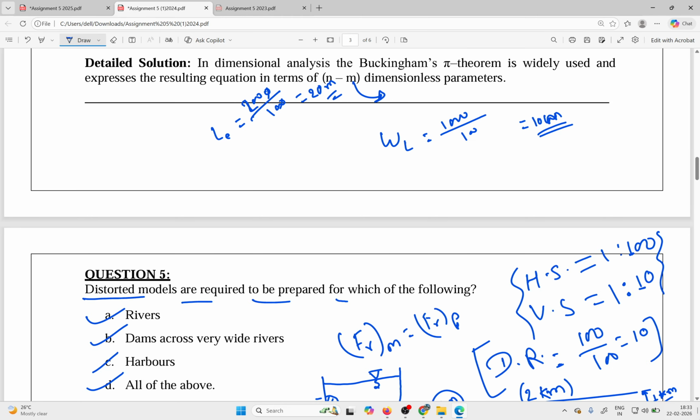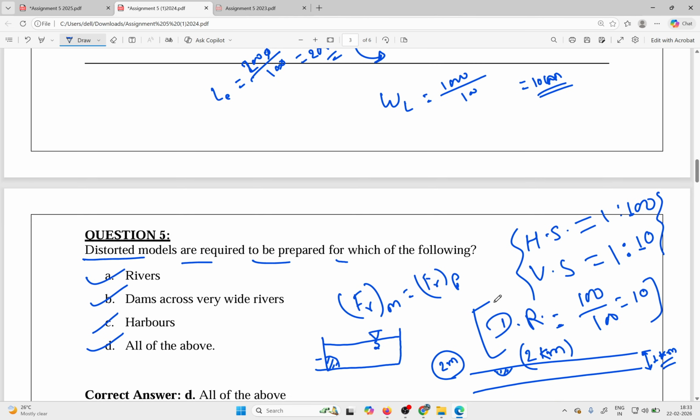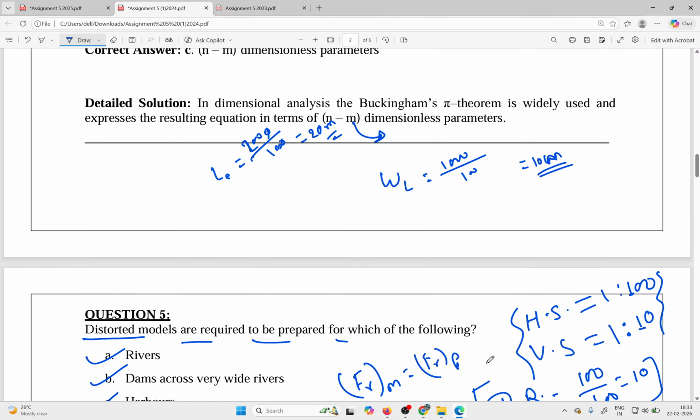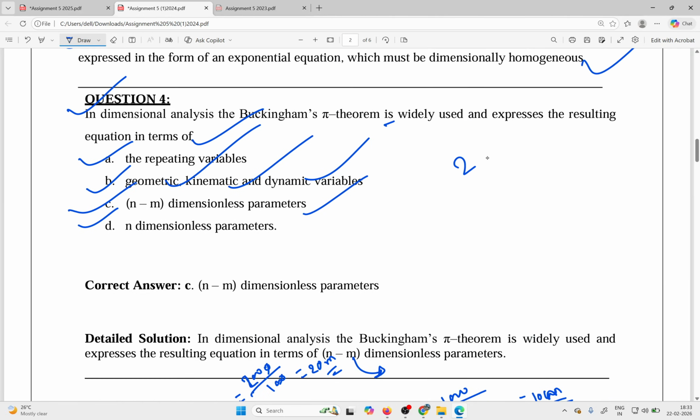But what about the height, that is the sand deposition? If you assume 2 meters divided by 100, it is 0.02 meter, which means 2 centimeter.